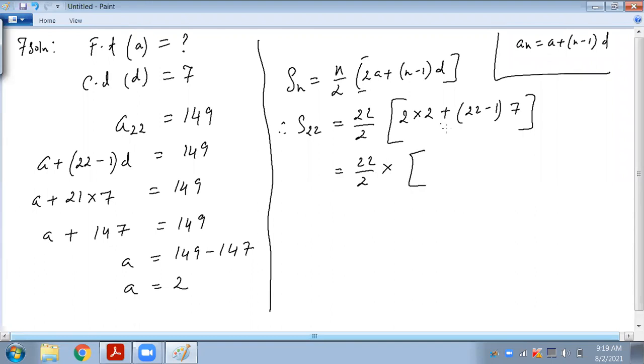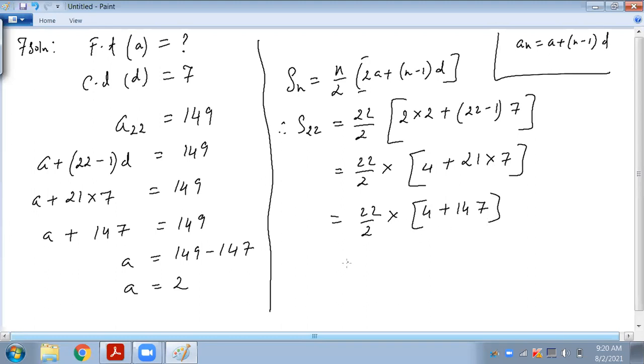Now solve the bracket. 2 into 2 is 4 plus 21 into 7. 21 into 7 is how much? 7 7s are 147.